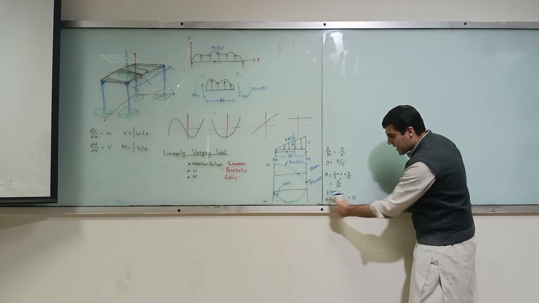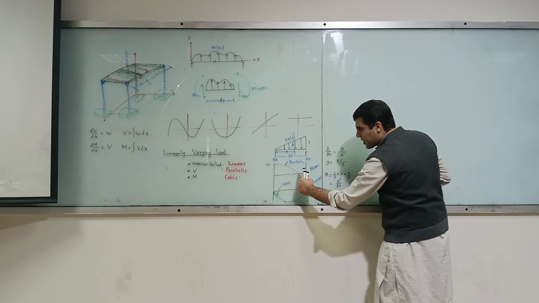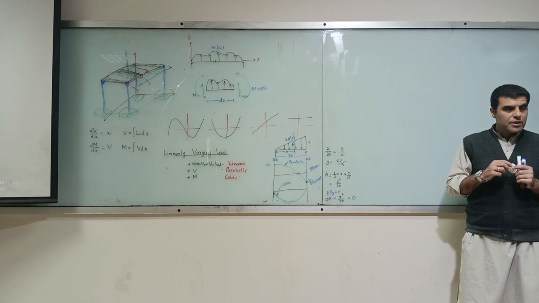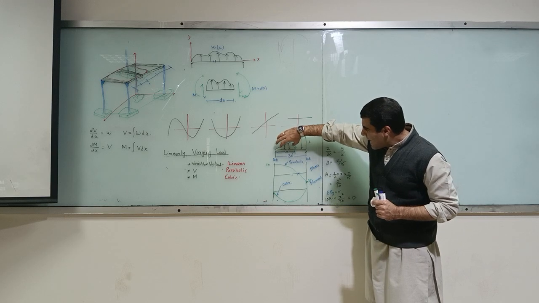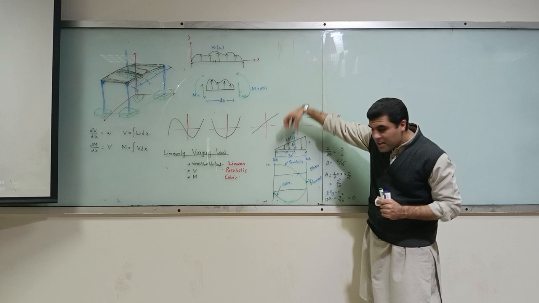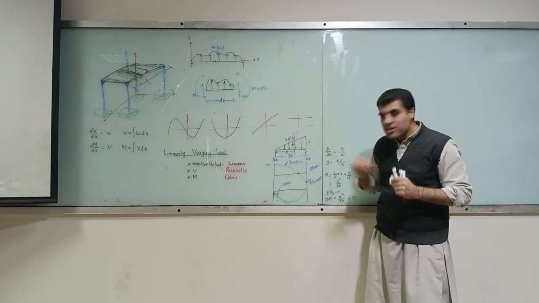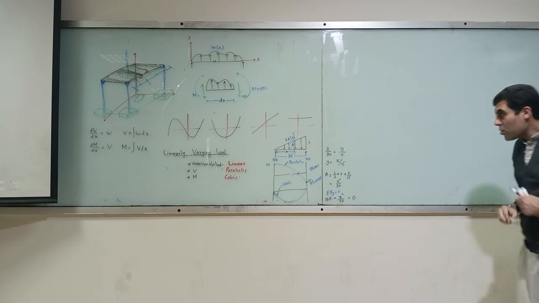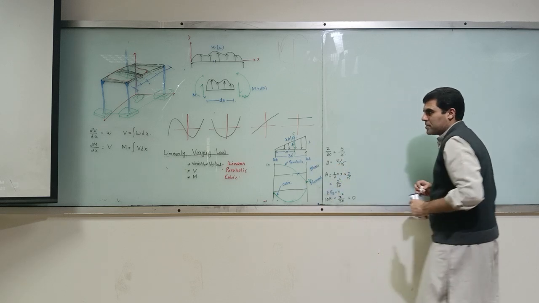That will give us the point where we have zero shear. So this 10 kip, I need that area which will give me the same 10 kip in the opposite direction, so that they both cancel out and I get zero shear. That's what I have done here.